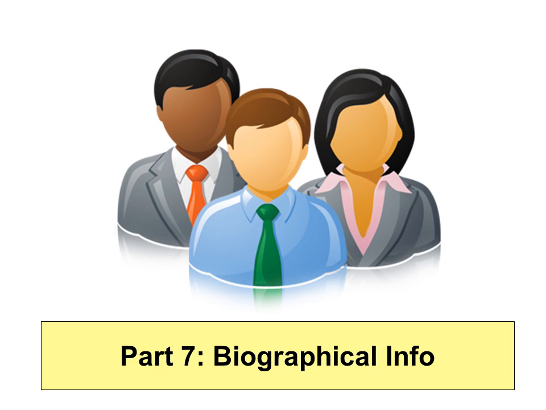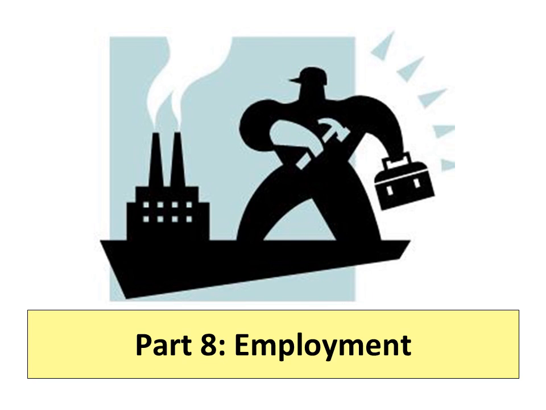Part 7 is biographical information. Here they will ask you information that will complement the information obtained during your fingerprint appointment. They will ask you questions about physical characteristics, race, height, weight. Part 8 is about employment or school.